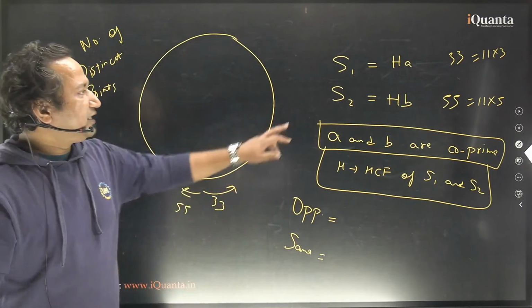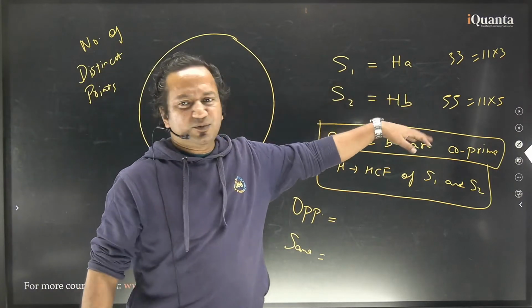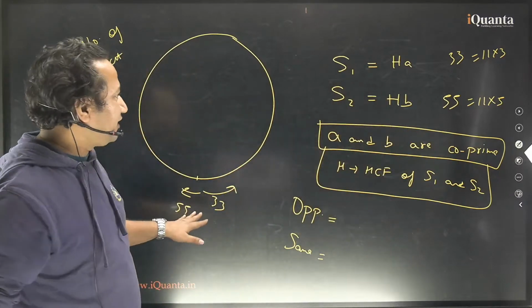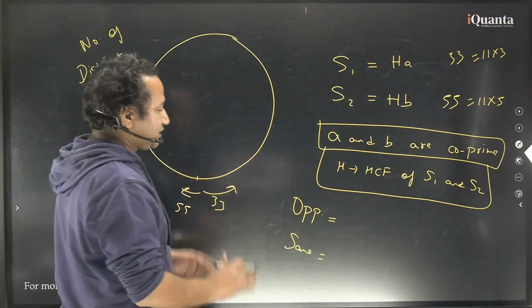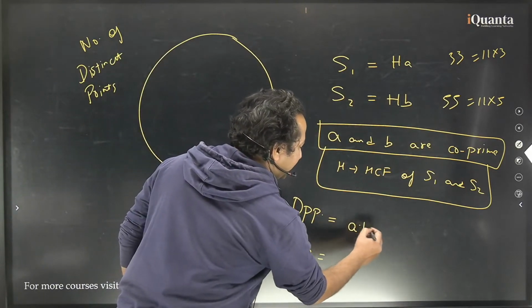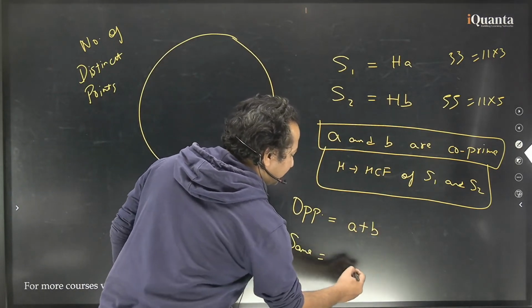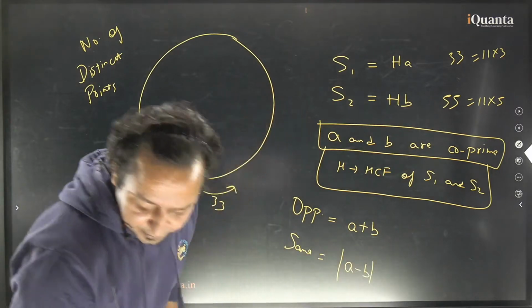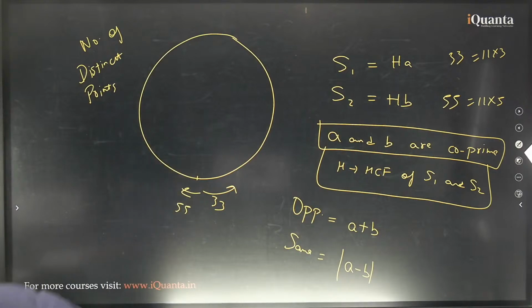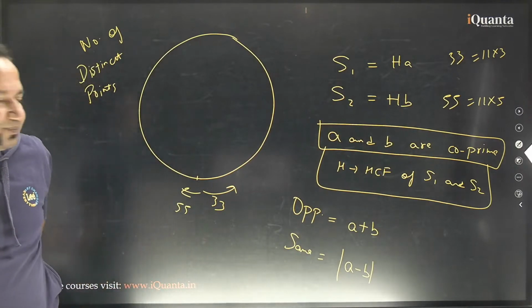तो कभी भी ये इस फॉर्म में दिया नहीं होगा ना HAHP, वो आपको आइडेंटिफाई करना पड़ेगा. Like 33, 55, we have identified 11 is the HCF and 3 and 5 are co-primes. So in opposite directions we'll just add A and B, and same we'll just subtract, find a difference, absolute difference. I'll put a mod over here, and this is what the answer will be. Is that clear?